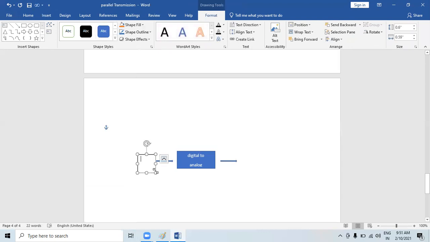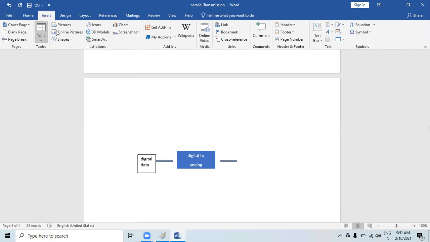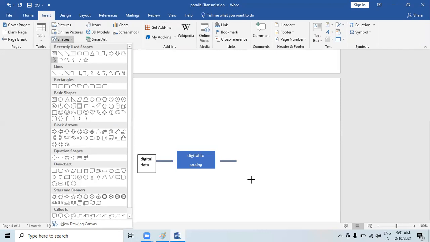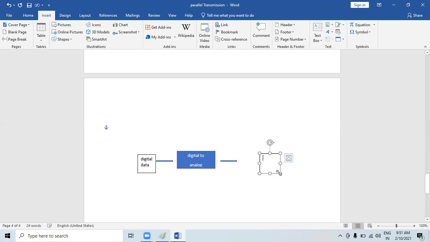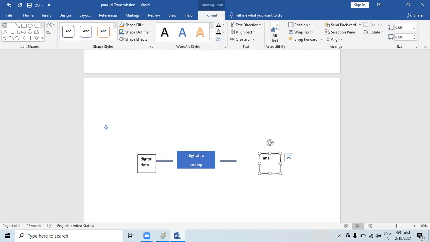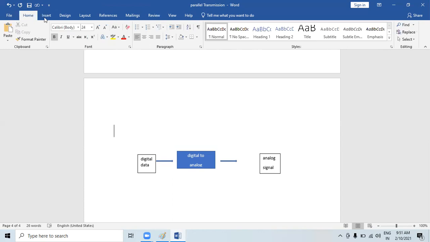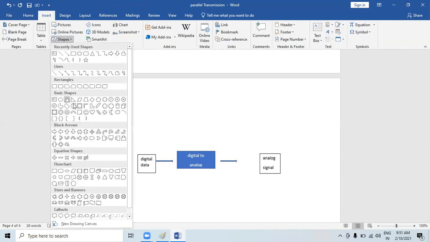So this is digital data, and this is the analog signal here. This digital data will be converted into this form.